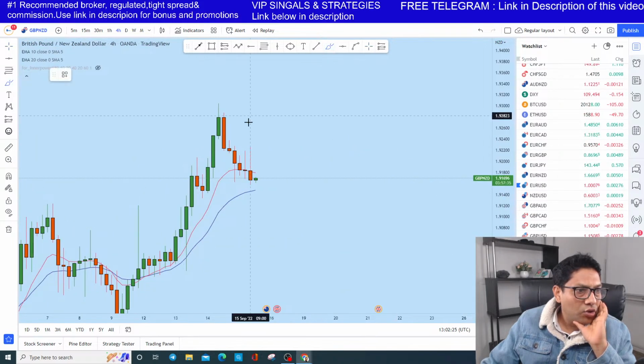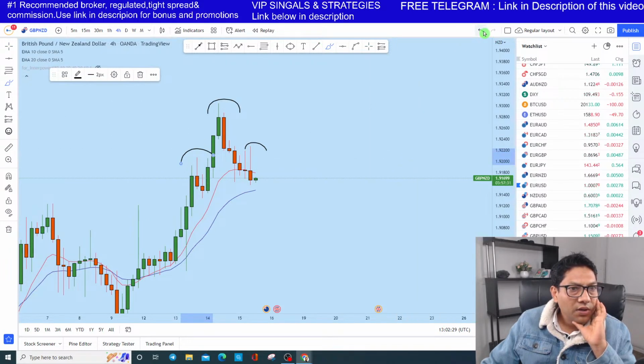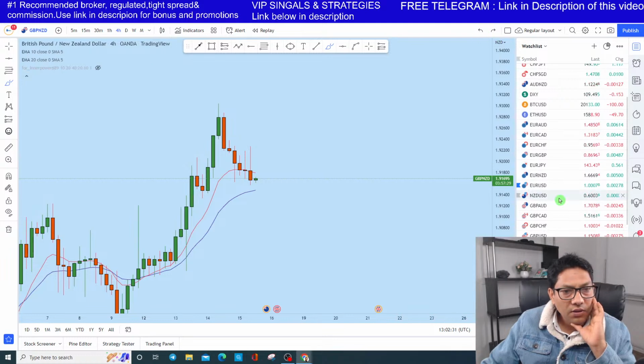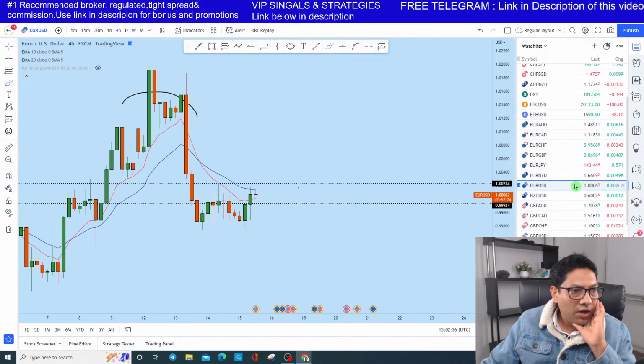There is a head and shoulders on this one. And you see that euro dollar is now coming down, and I think that euro dollar will continue to drop.